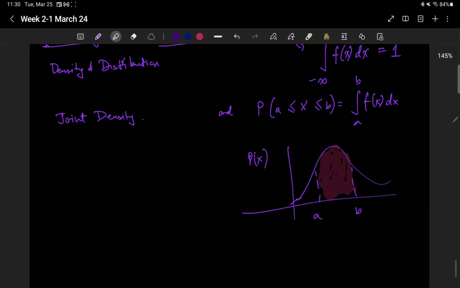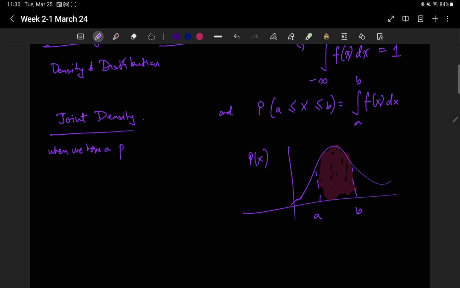The double integral comes in when you have something called a joint density function. A joint density function is used when we have a pair of random variables x and y.